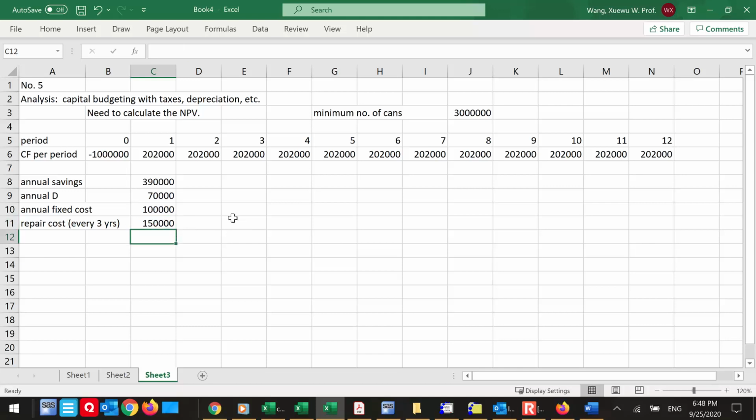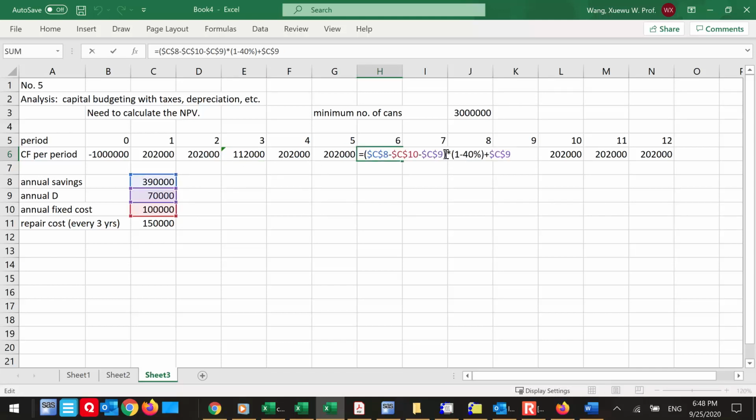Okay, that's 150,000. All right, so now I have to knock off this every 3-year cost here, and that is going to be causing a difference. Okay, all right, so that's actually 112,000 in year three. Okay, it's actually less because you're spending money repairing the machine.